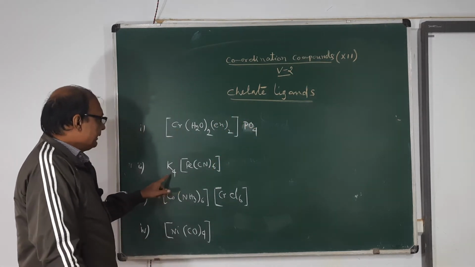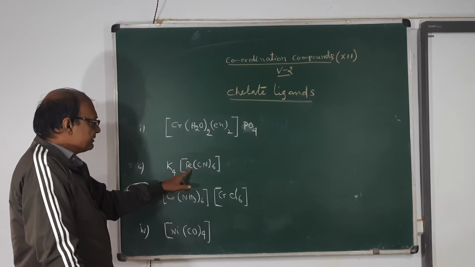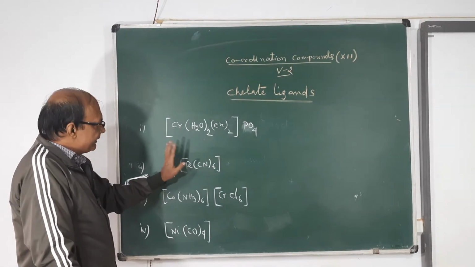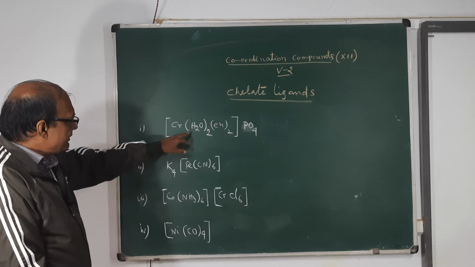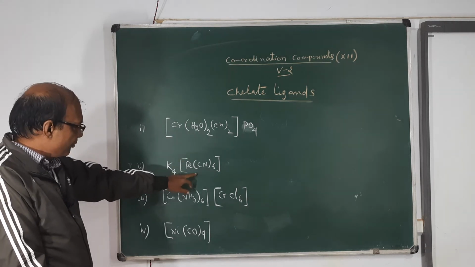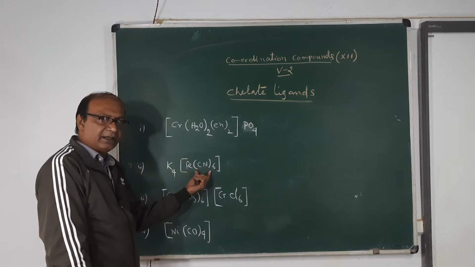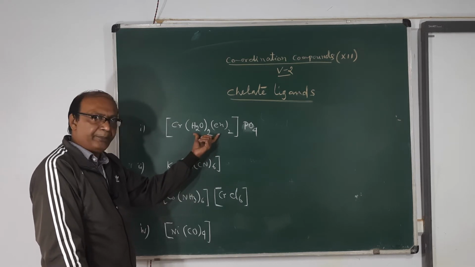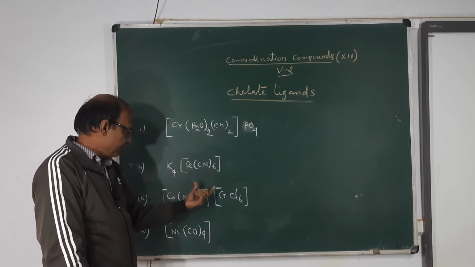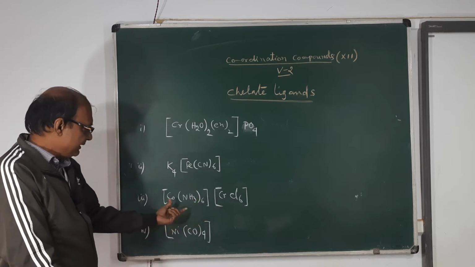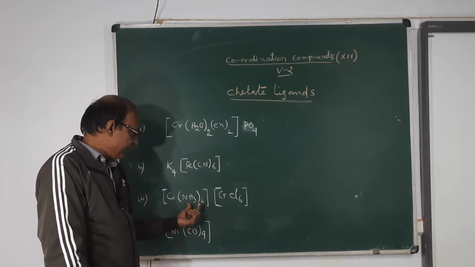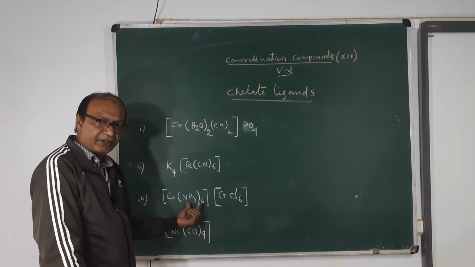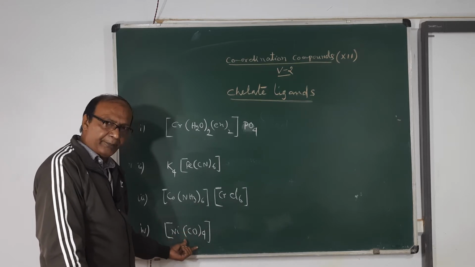Now see, in this case, this is the complex entity. This one is heteroleptic, this is homoleptic, because all the 6 ligands are of the same kind. Here the ligands are of different kinds, so it is a heteroleptic complex, and this is a homoleptic complex. Similarly, this complex is heteroleptic, with different types of ligands, and this one is homoleptic.